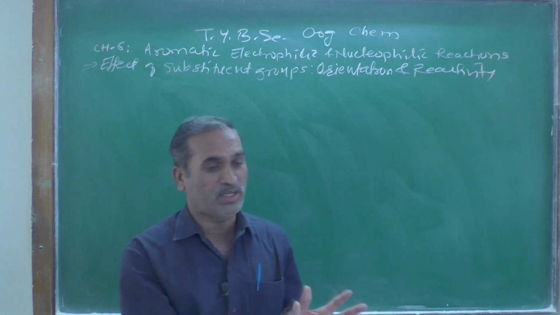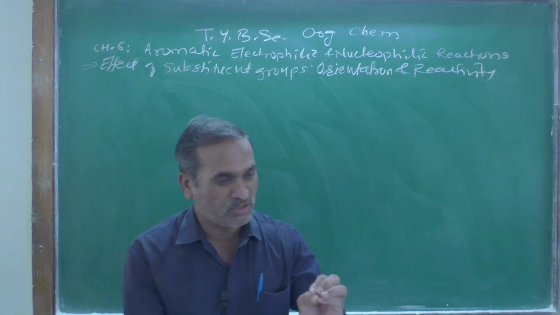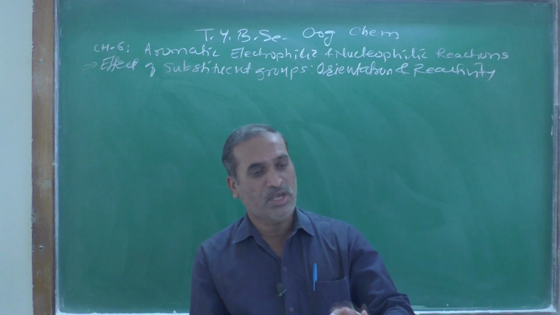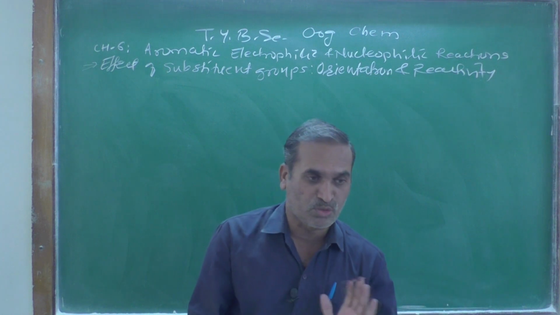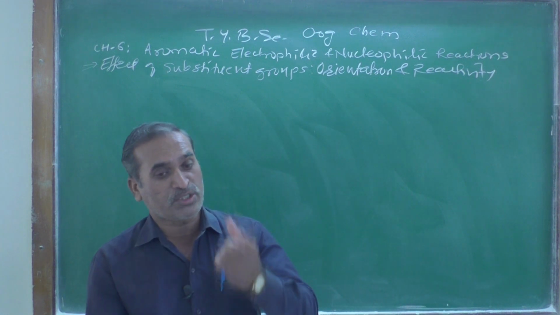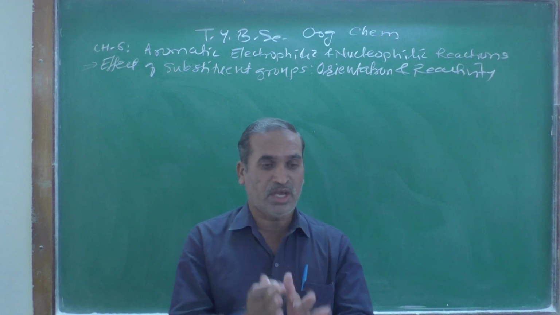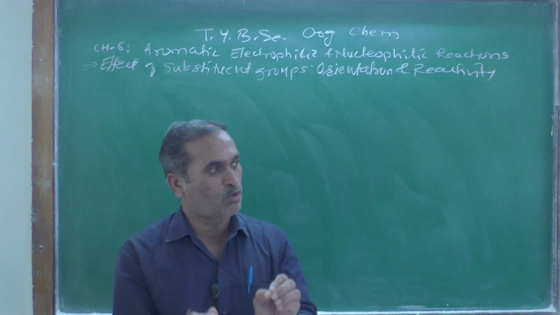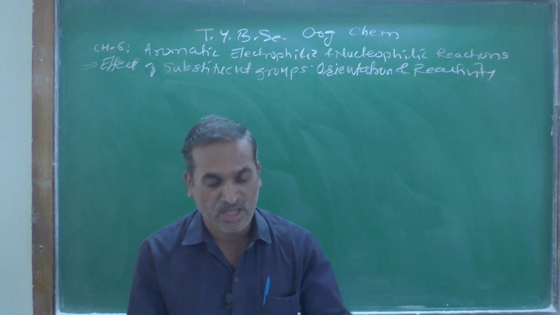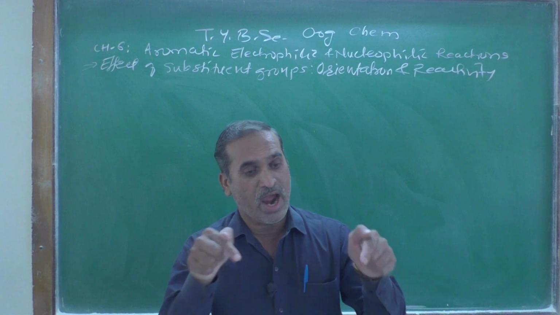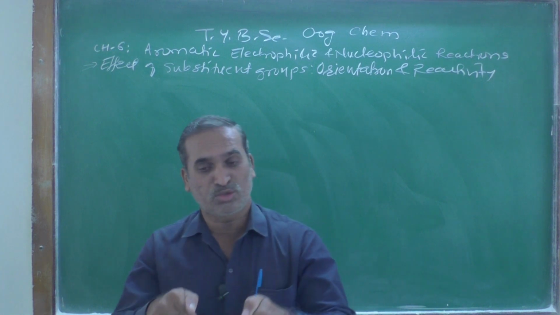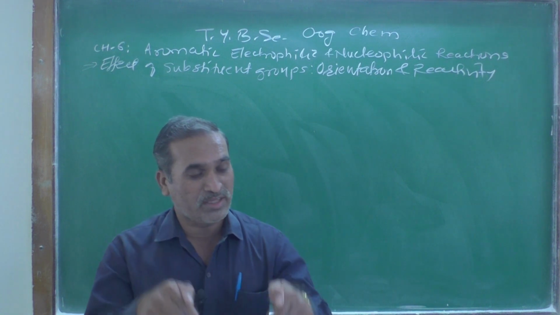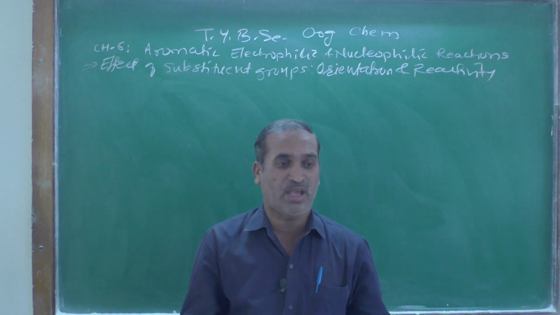As we know, aromatic compounds have a special characteristic. They undergo electrophilic substitution reaction. Under special conditions, they undergo nucleophilic substitution reaction, and they do not undergo addition reaction. That we have also learned. Why do they not undergo addition reaction?